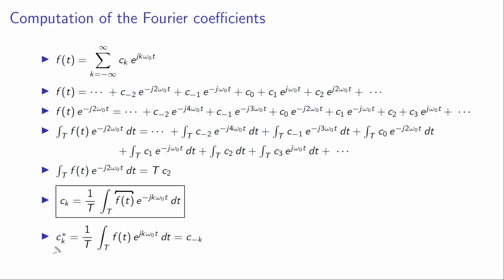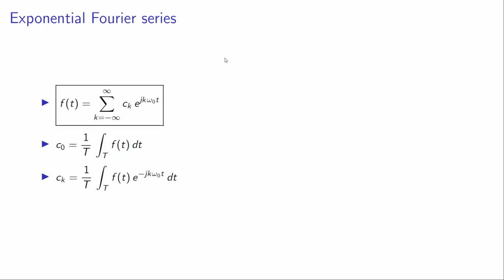So indeed, ck conjugate is c minus k. In summary, if you look at the exponential form of the Fourier series, you'll find this expression here, and the Fourier coefficients ck are obtained using this expression. And C0, as you can see, is simply the average of f of t over any period.